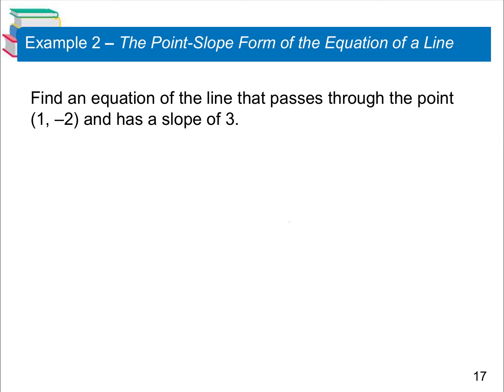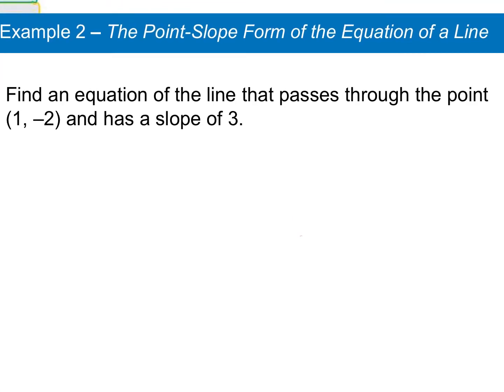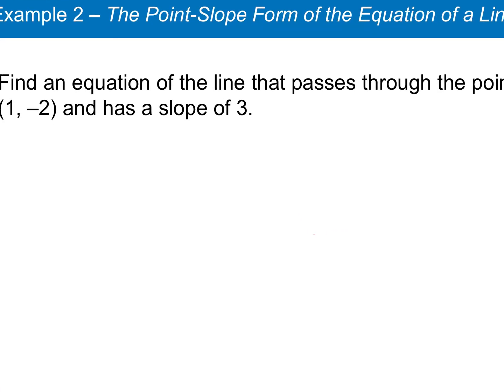If we look at example 2, it tells you to find an equation of the line that passes through the point 1, negative 2, and has a slope of 3. So if we're putting this in point slope form, our formula is y minus y1 is equal to m times x minus x1. It tells us that the ordered pair that we're working with is 1, negative 2.